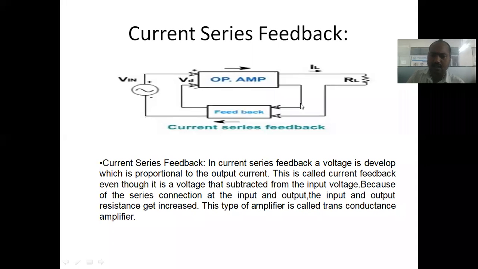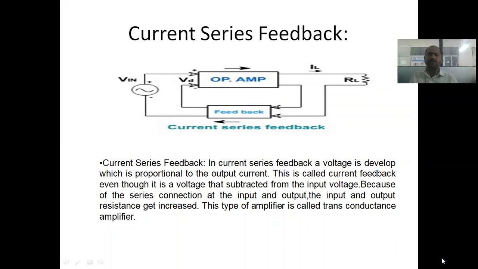So it is in the form of series, right? The current is applied across here, and whatever current comes across here is also mixed with the input, also in series. That's why the output is a current, and it is mixed with the input in series. That's why this is a current series type of feedback, right.